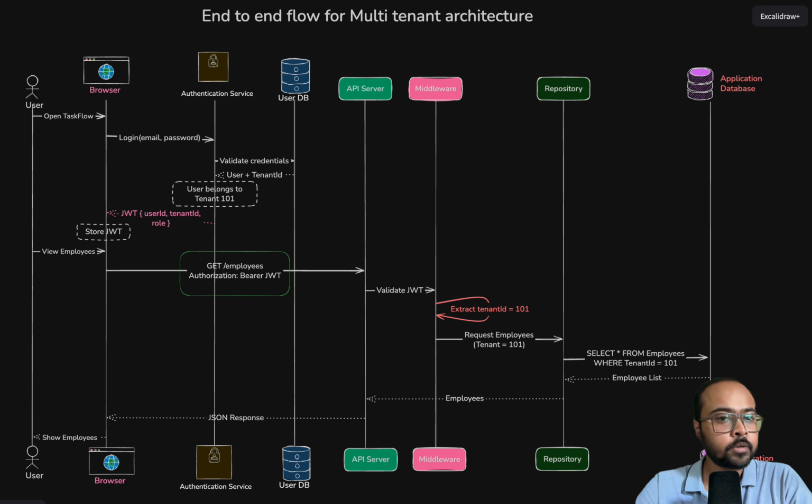Then whenever the user makes any request, the tenant ID is fetched from the token and always used as a filter for the database, so that the user can only interact with data from the same tenant to which the user belongs. So that was an overview of what multi-tenant architecture means.